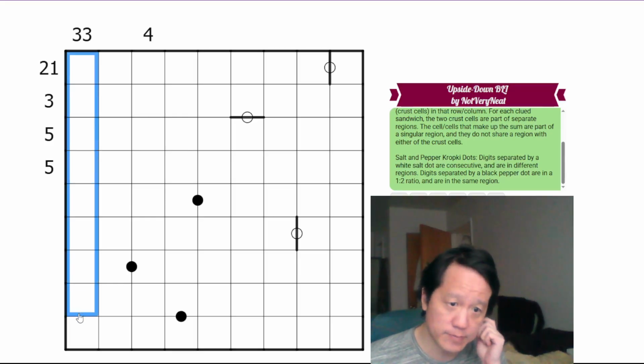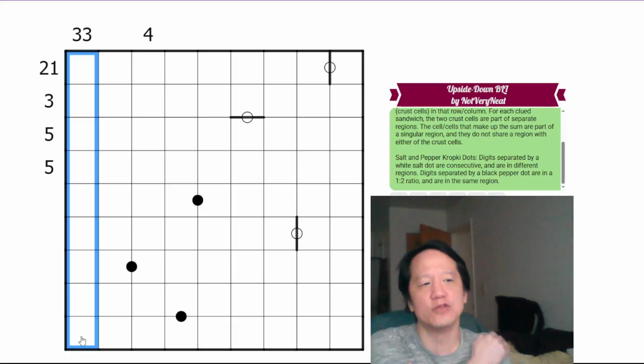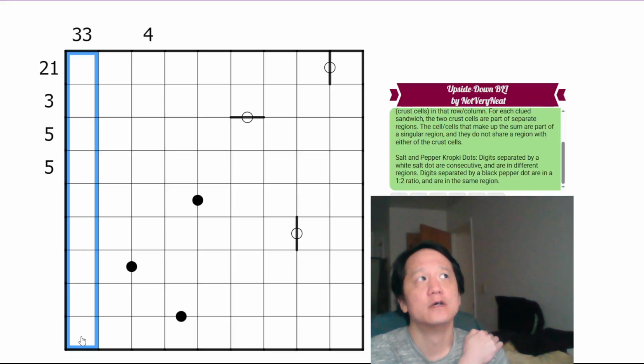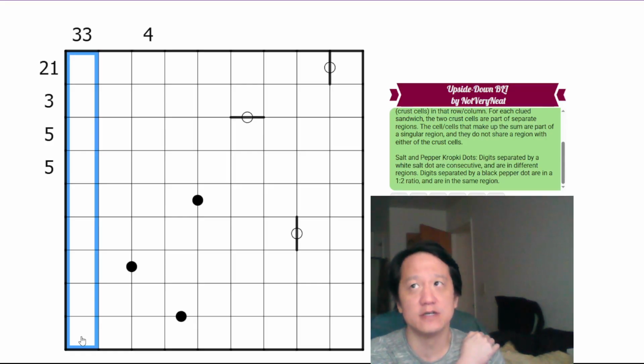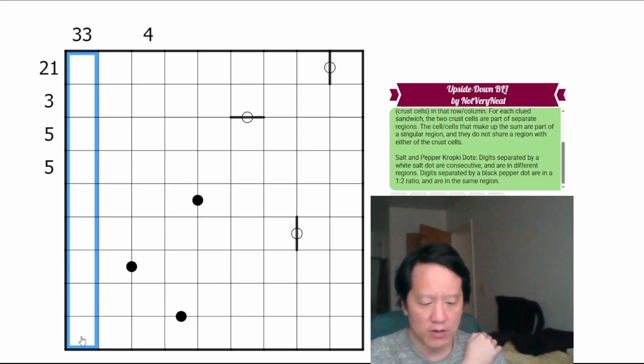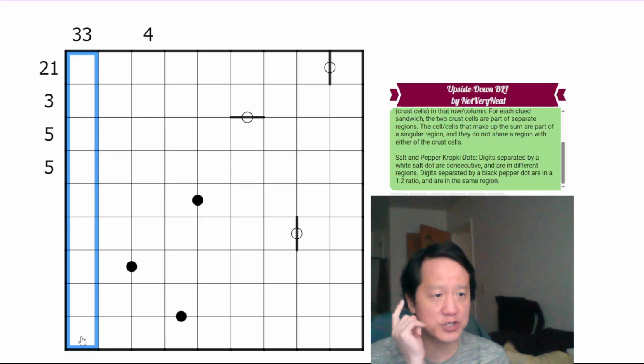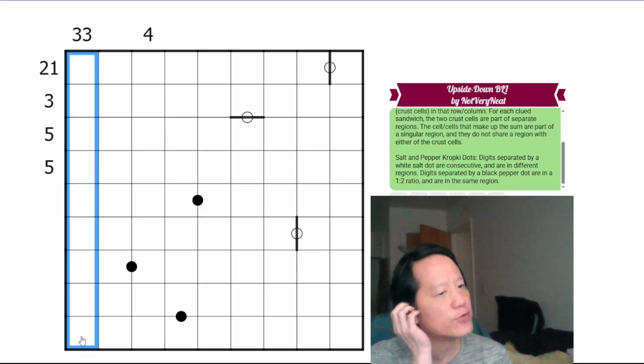And we have 33 in the first column. That means the digits that are between the 1 and 9 must add up to 33. Well, for all the digits excluding 1 and 9, you have 35.